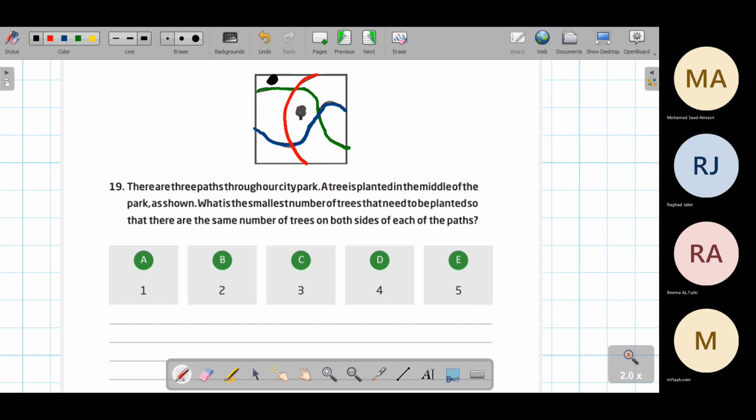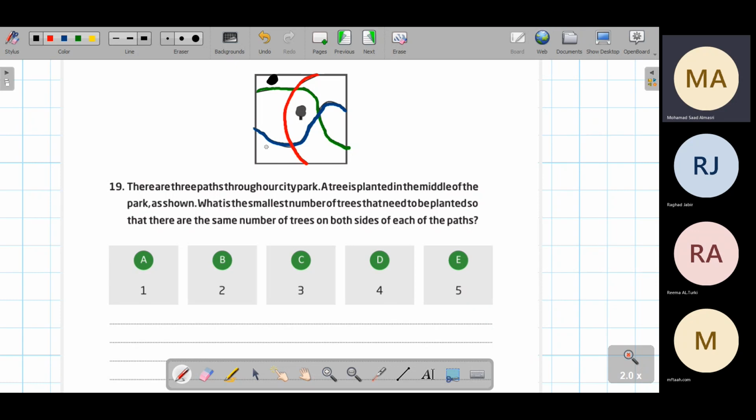Is that clear? Yes. If I go to the red one, 1 to the left and 1 to the right. Also, I have the same number.